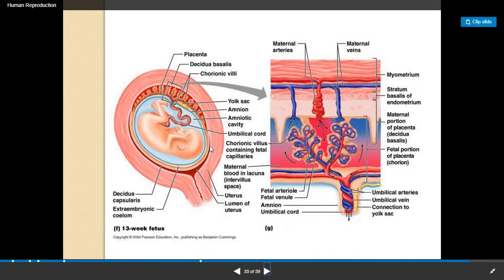Here you can see a 13-week fetus, with chorionic villi, placenta, yolk sac, and amnion, the extra-embryonic layer. The umbilical cord, through which all the materials get exchanged, the uterus, and the extra-embryonic coelom are also shown.